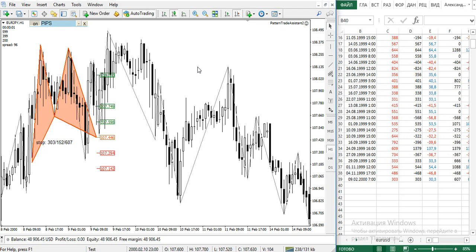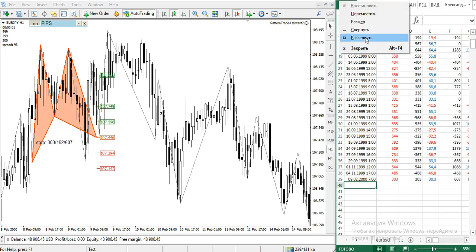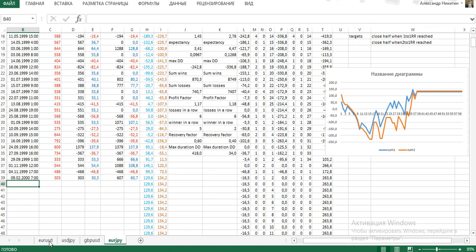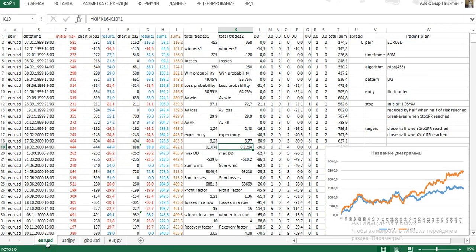I already did some back tests with these patterns, so let me demonstrate to you. I'll expand that Excel spreadsheet. If we talk about Euro Dollar, I want you to pay attention to the expectancy and the profit factor.